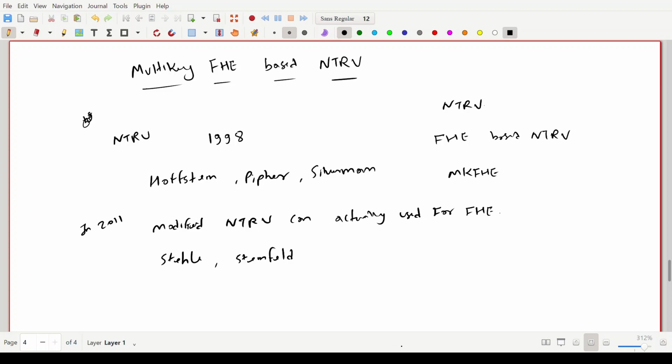The paper title was "Making NTRU as Secure as Worst Case Problem over Ideal Lattices."